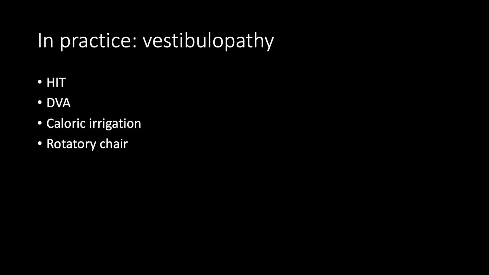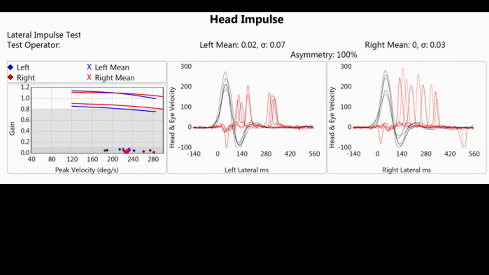With regard to diagnosing vestibular hypofunction, I don't think I need to go through this in great detail, but the instrumented objective metrics include the video head impulse test, as well as caloric irrigation and the rotatory chair.